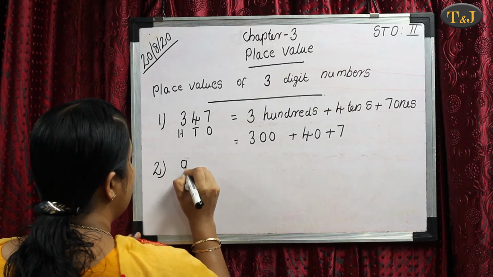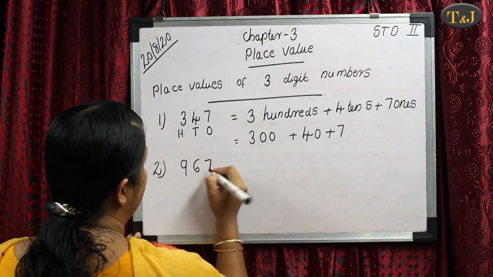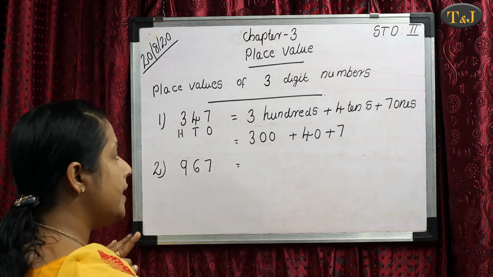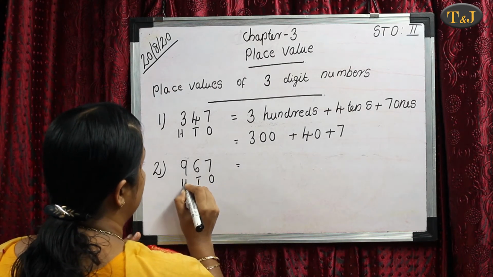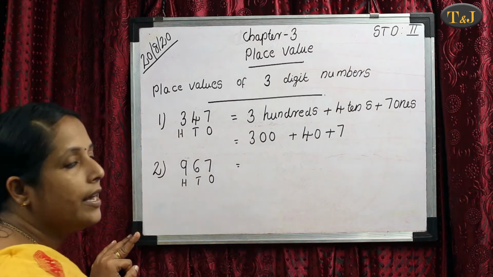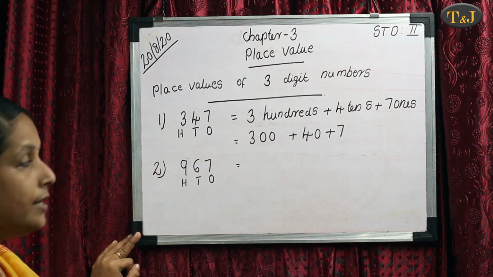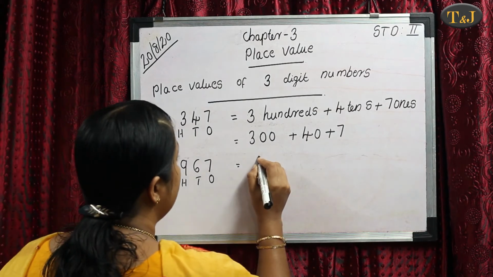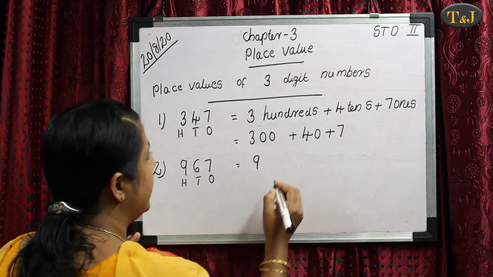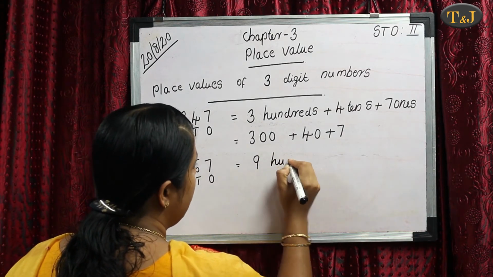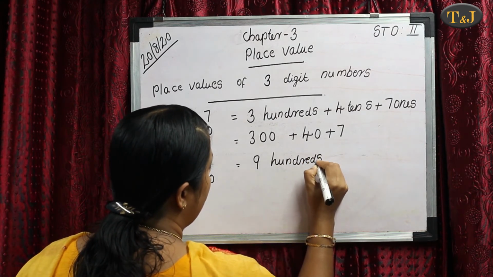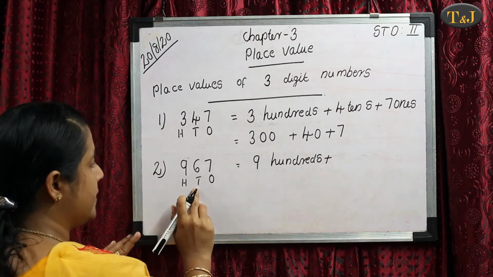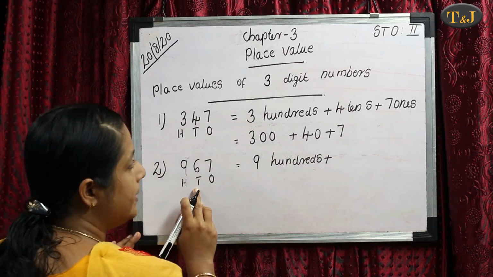Consider the number 967. First we write the places of these digits, that is ones, tens, hundreds. Next, our starting number is 9. 9 is in which place? 9 is in hundreds place. So we write 9 hundreds plus the next number, 6. 6 is in tens place.